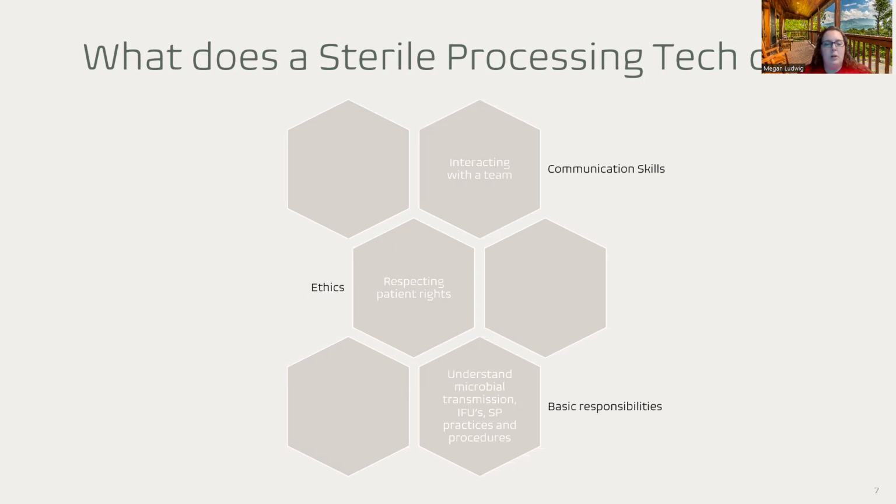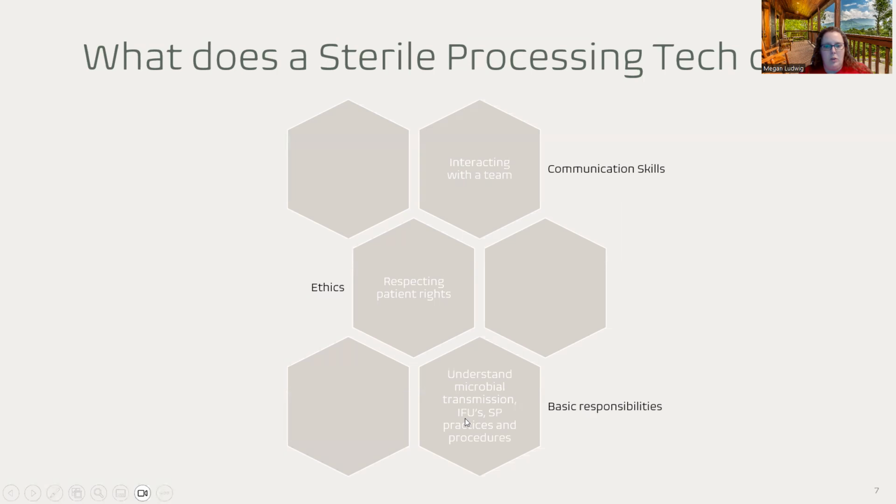Some patients are very unhealthy, right? That's why they're in the hospital a lot of times. If you start introducing other bacteria to their system just because you didn't clean the instrument correctly, not to be dramatic, but it could end up killing that patient. So it is very important to put a high level of stress on understanding the microbiology behind it and the reasoning why we take such strict measures in sterilizing items.